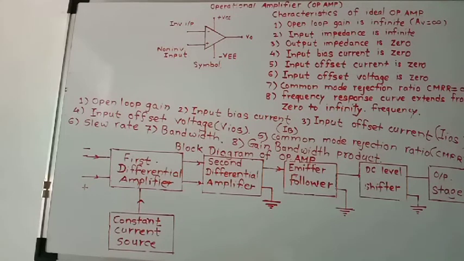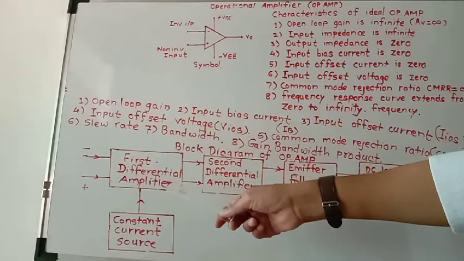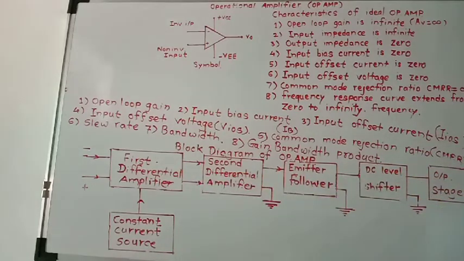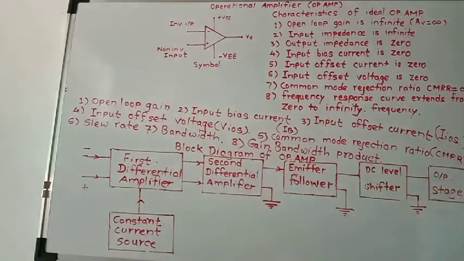So this is about the block diagram of the operational amplifier. It is necessary to explain or write the function of each block in the block diagram of the op-amp. What is the function of the first differential amplifier?